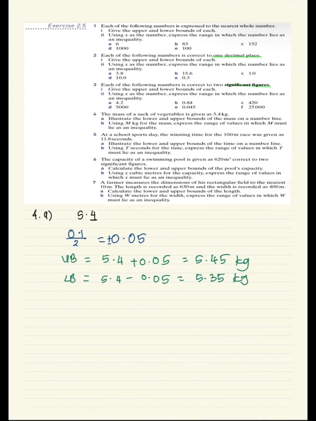Now let's illustrate the upper and lower bounds on a number line. So this would be 5.4. This would be 5.35 and this would be 5.45.